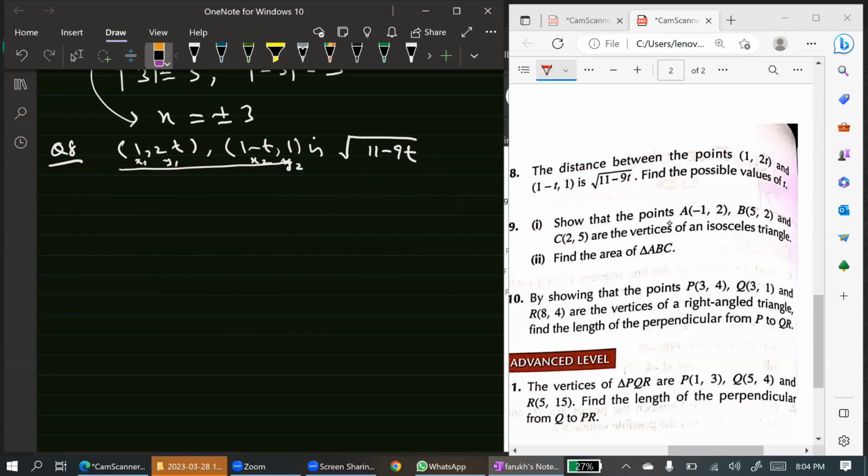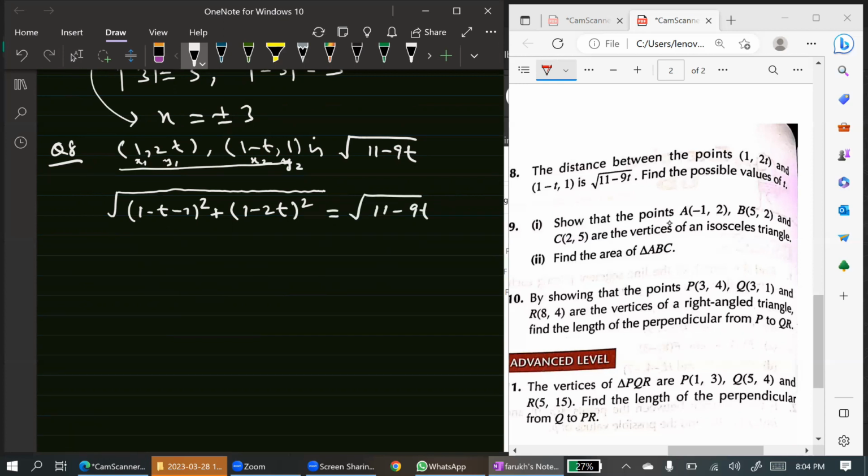We will apply the distance formula on the 2 points. x2 minus x1, 1 minus t minus 1 whole square, plus y2 minus y1, 1 minus 2t whole square is equal to 11 minus 9t.